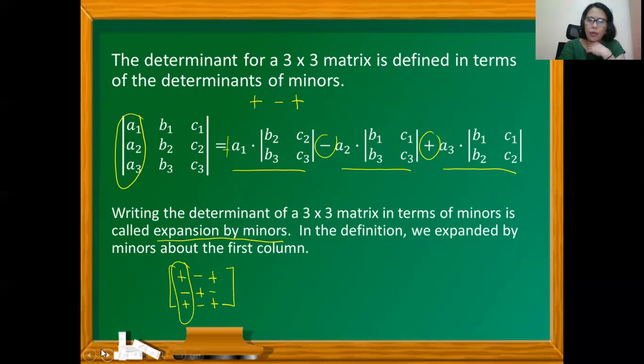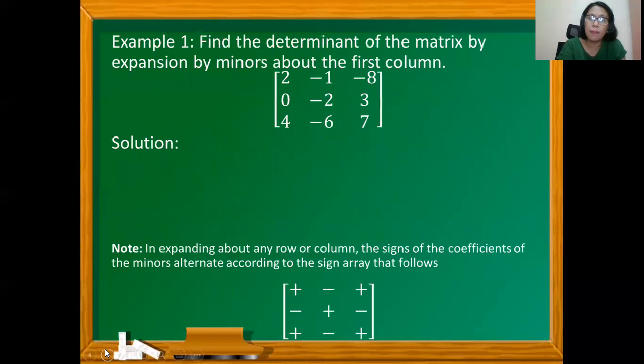Okay, so I think we are now ready to evaluate the determinant of a 3 by 3 matrix. Find the determinant of the matrix by expansion by minors about the first column. So we're going to consider the first column.